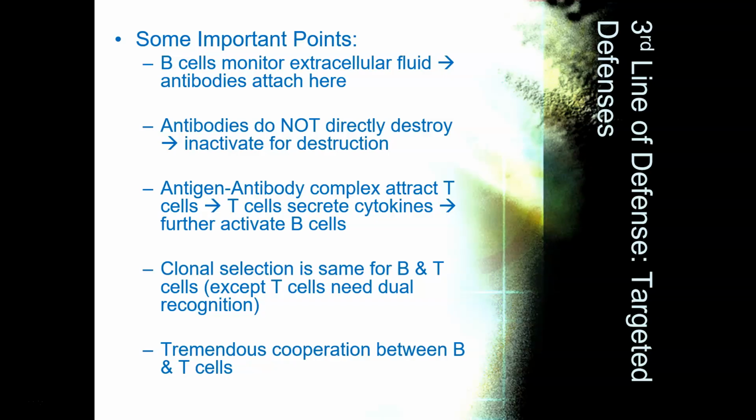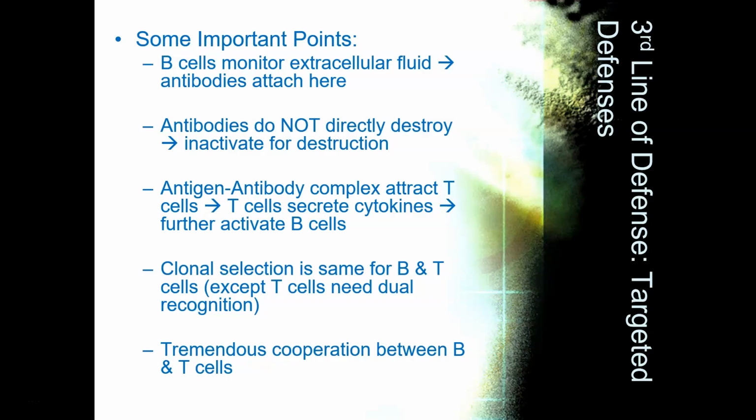The actual clonal selection process is the same for both your B and your T cells. They need that antigen recognition to connect to the same shaped receptor that exists on their cells. So you're clonally selecting both for B cells and T cells at the same time. The only difference is, remember that your T cells have that MHC. They do that dual recognition.